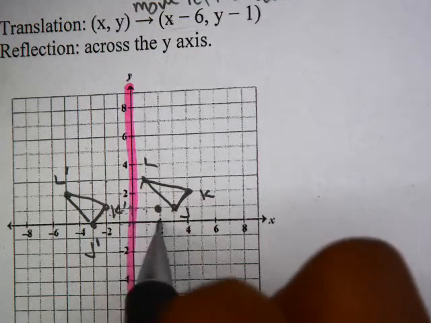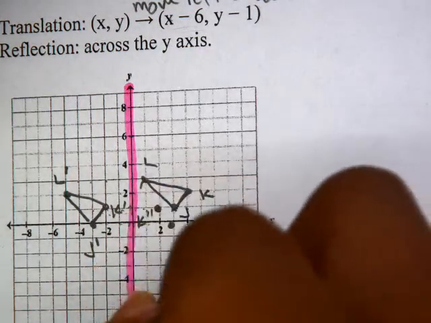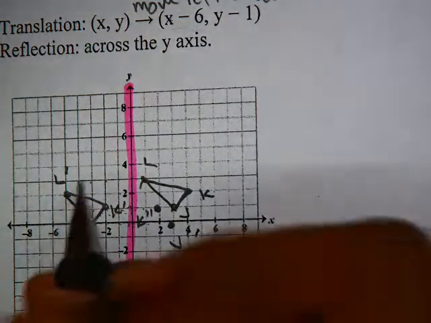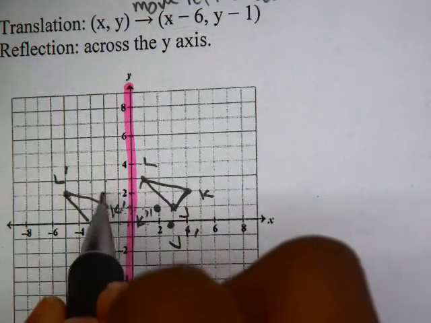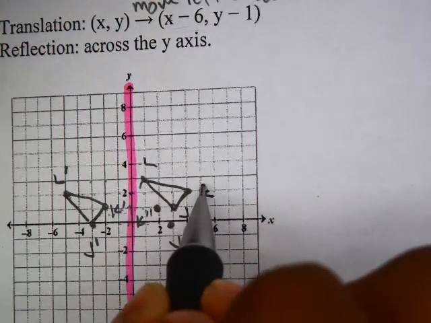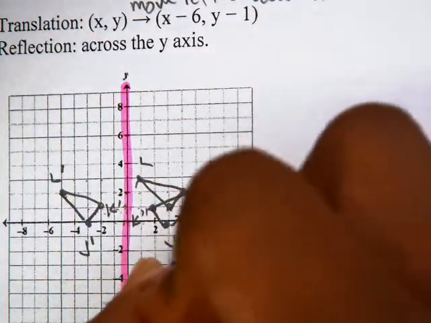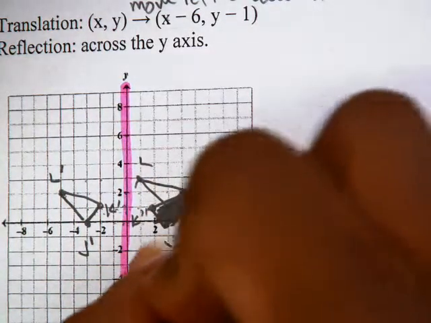So J double prime should be 3 units away. K double prime, J double prime. And L double prime is 5 units away. So 1, 2, 3, 4, 5. So you get kind of a mess, but here's your final shape.